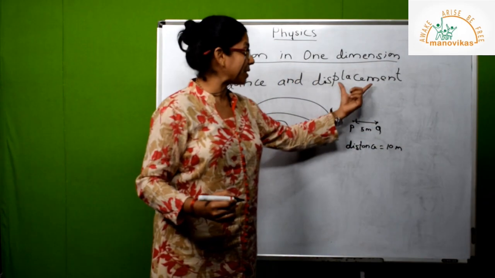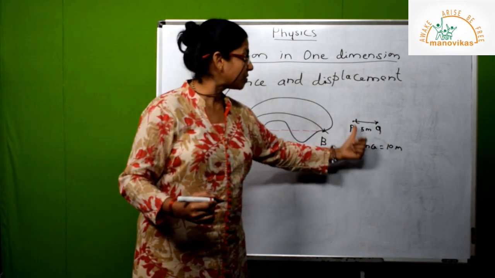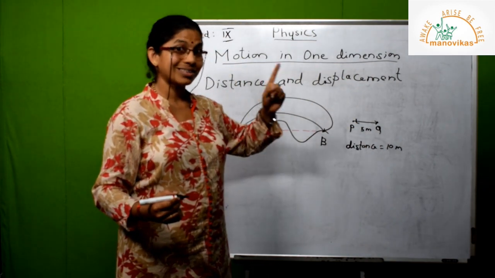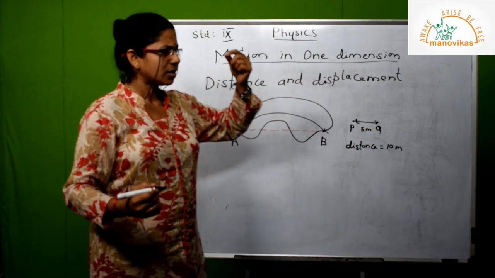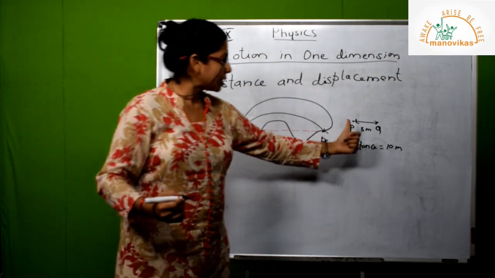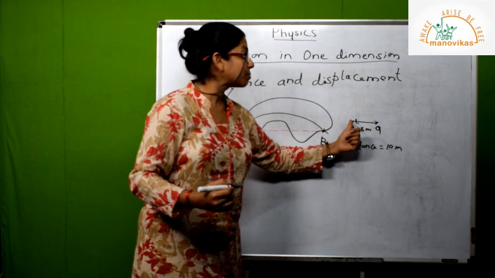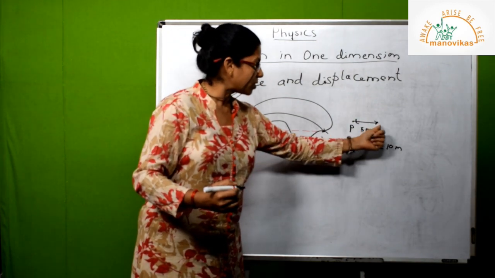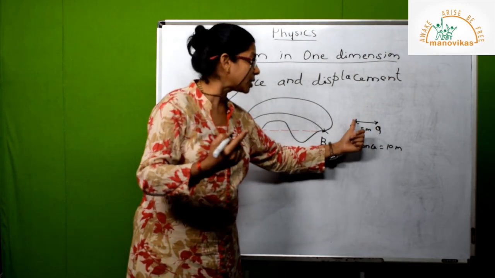Whereas displacement, what will be the displacement? Displacement in this case will be 0. Now what is the reason? Because as per the definition of displacement, it is the shortest distance from the starting point to the end point. In this case, the starting point is P and the end point is P itself, because after covering all this distance, the person is coming back to the original position.